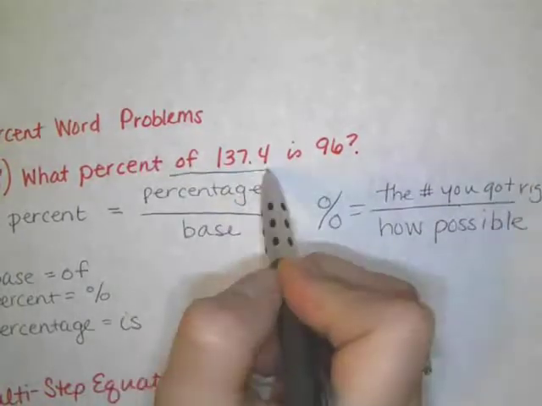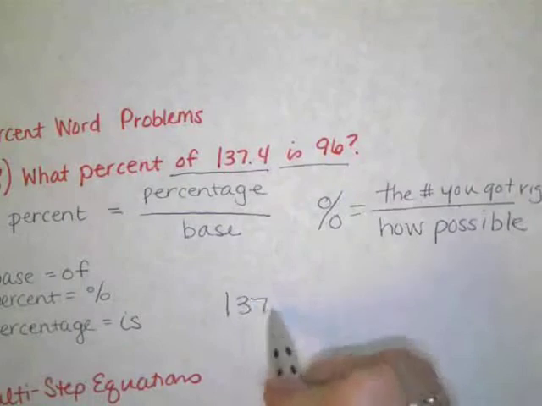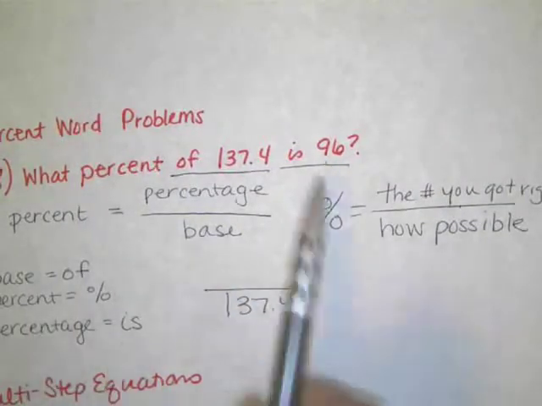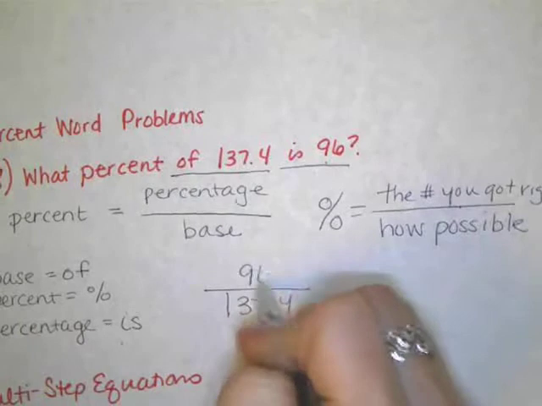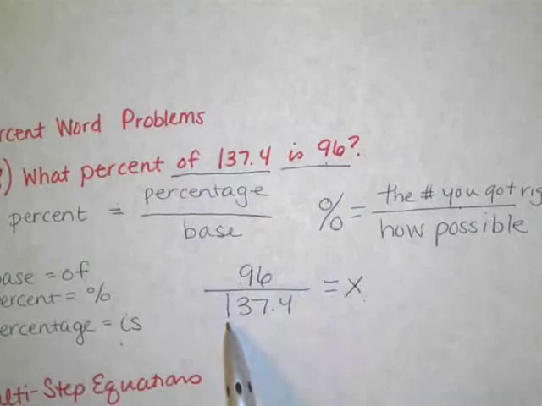So if we know the of and the is, we're trying to find percent. So we would take the of and put it as the base, so 137.4, and we would make our percentage the is on the top, and we equal that to x. Obviously we're trying to solve for x, so we take 96 and divide it by 137.4.